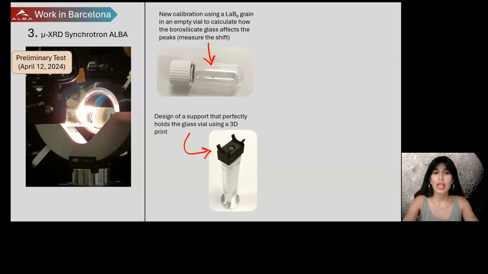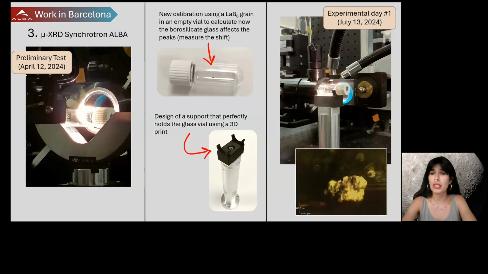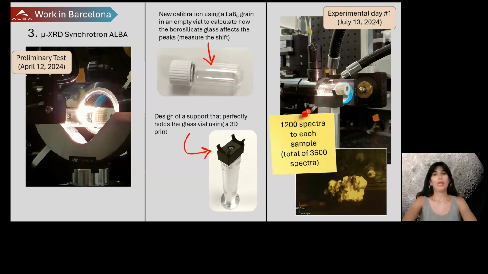We also designed a support that perfectly holds the glass vial using a 3D print. The day of the experiment was July 13, and we mapped the 3 grains by taking an analysis every 15 microns, having the 3 grains completely mapped. So we had 1,200 spectra for each sample and a total of 3,600 spectra for the 3 of them.